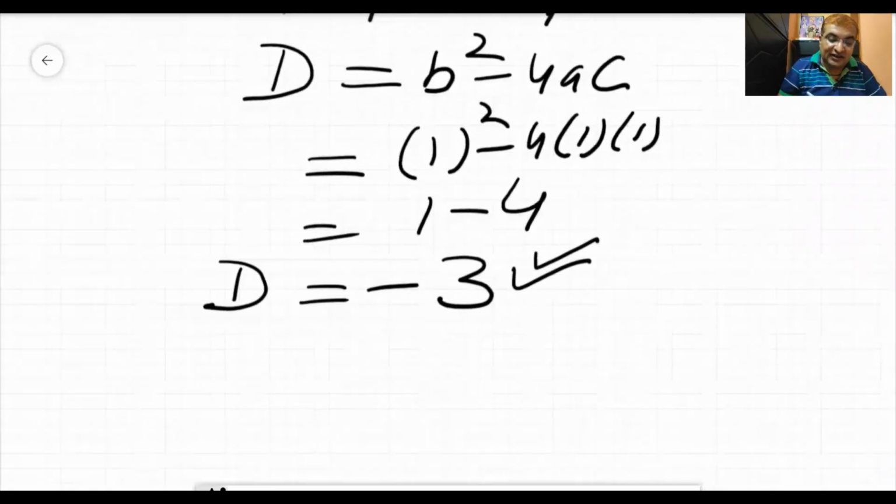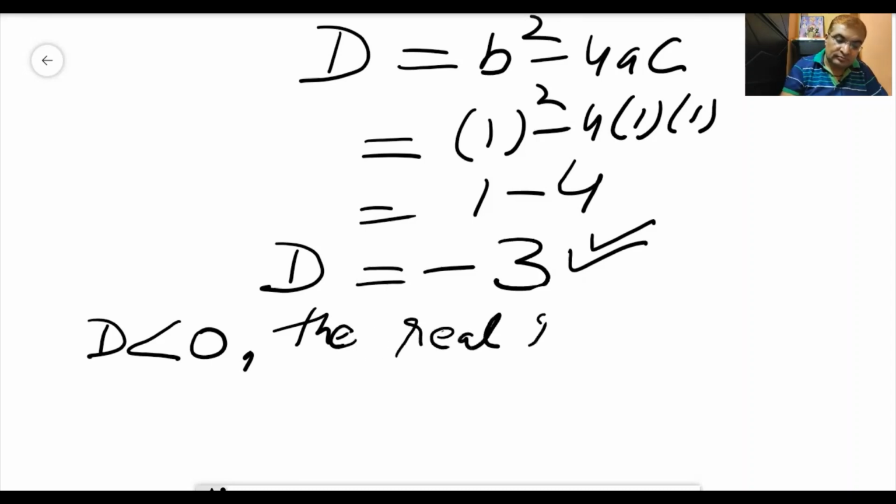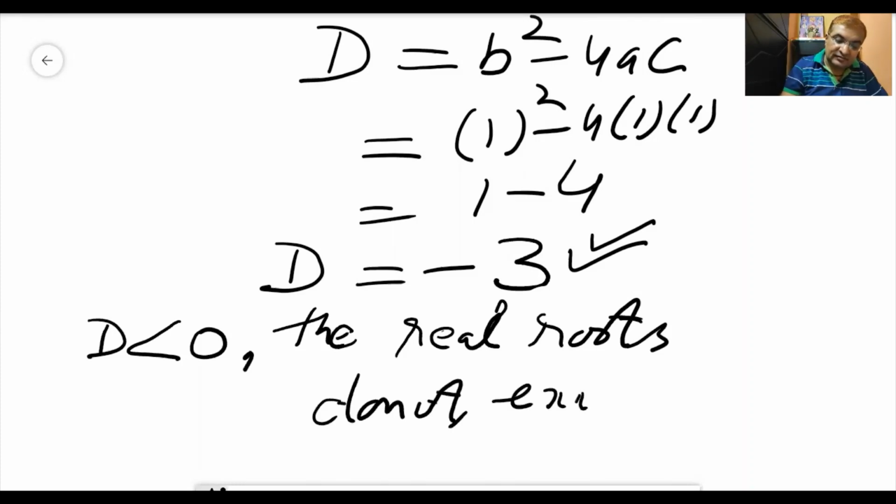Please concentrate. As you can see, d is negative. So certainly we'll stop right here. We'll comment right here, because d is less than 0, the real roots do not exist, because d is negative.